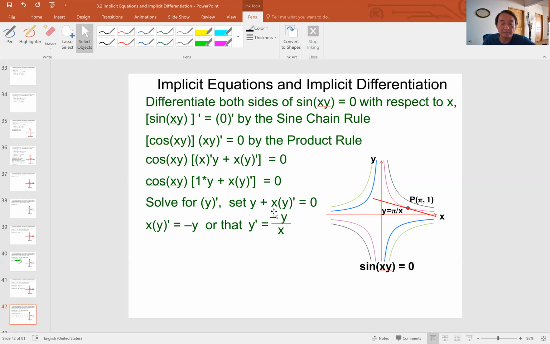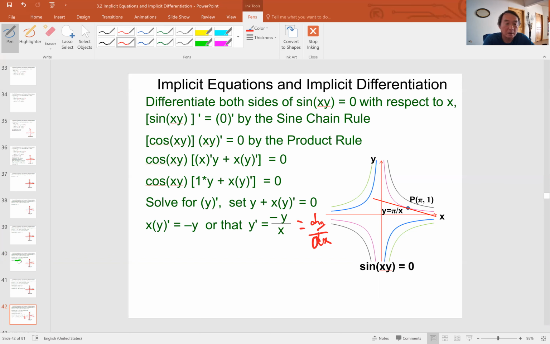Here, I got the derivative of y, this is dy dx. You say, wait a minute, it doesn't look like the one before, for functions. Of course not, because for functions everything's in x, so the derivative is everything in x. Here we start out with an implicit mix of x and y, so I wind up with a derivative that's a mix of x and y in two variables.